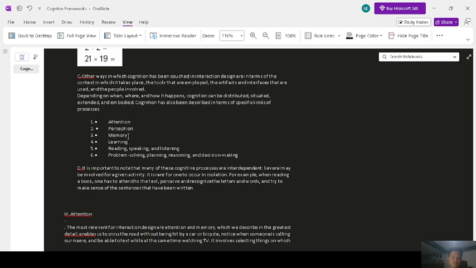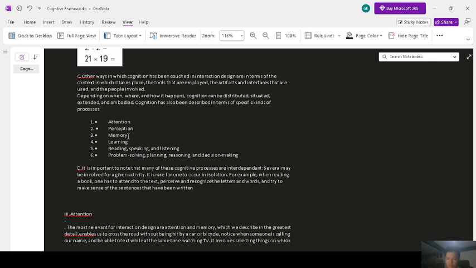Sometimes when you're reading, you could use your attention, your perception to perceive it, your memory while you're doing it, your learning while you're doing it, and then sometimes you could be speaking when you're reading.